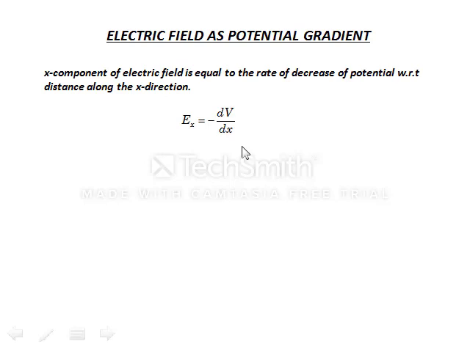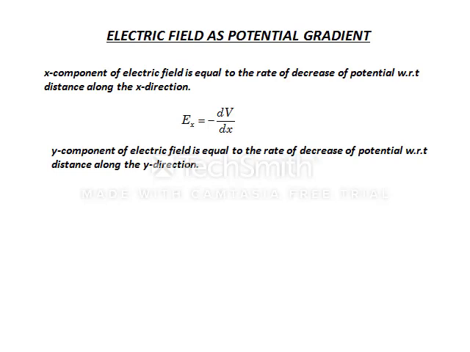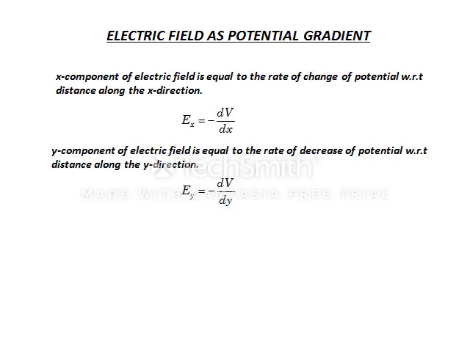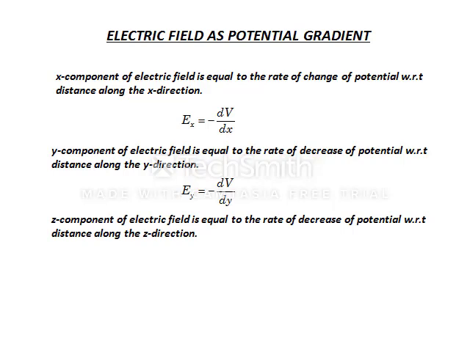Similarly for the y component, the y component of field is equal to the rate of decrease of potential with respect to distance along the y direction, and its formula, Ey is minus dV by dy. Similarly the z component, we haven't actually calculated it, but it's the same. The z component of field is the rate of decrease of potential with respect to distance along the z direction, and hence the formula.